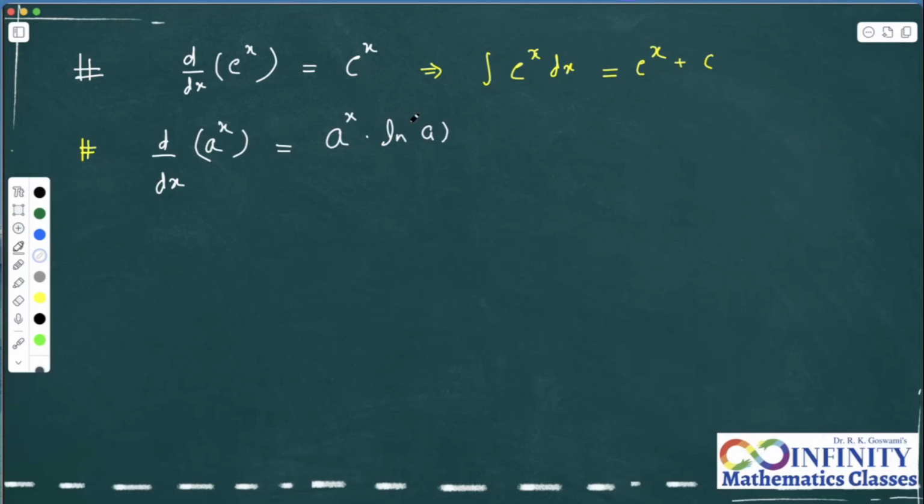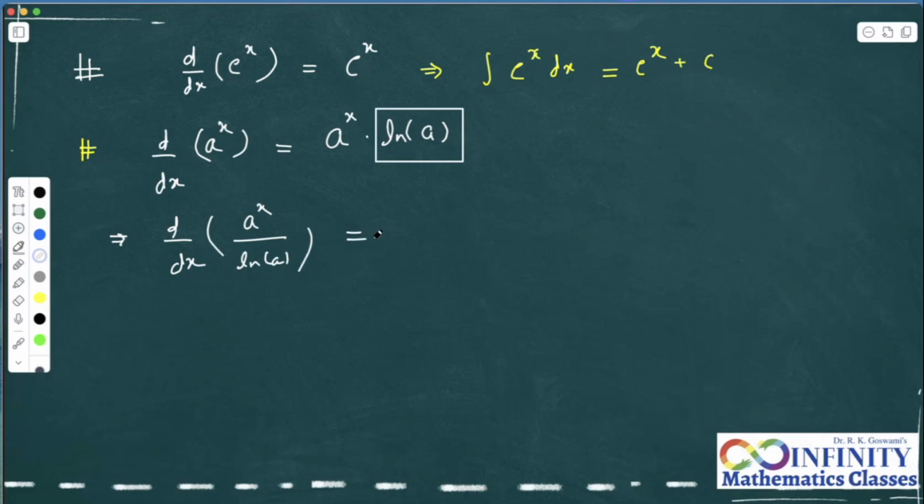This ln a is a constant term. What we usually do with the constant term is divide both sides by the constant term.